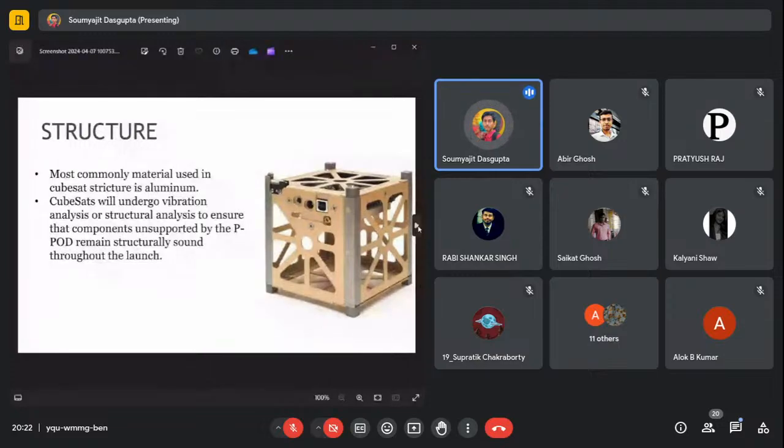Right. So when you put the CubeSat inside the rocket, there is a huge vibration during the launching time. Right. So in some cases it may disconnect from the upper platform, or it may be disconnected from the battery or the power source. So you have to put your CubeSat through such experiments so you can understand that yes, my CubeSat is now ready for the launch.